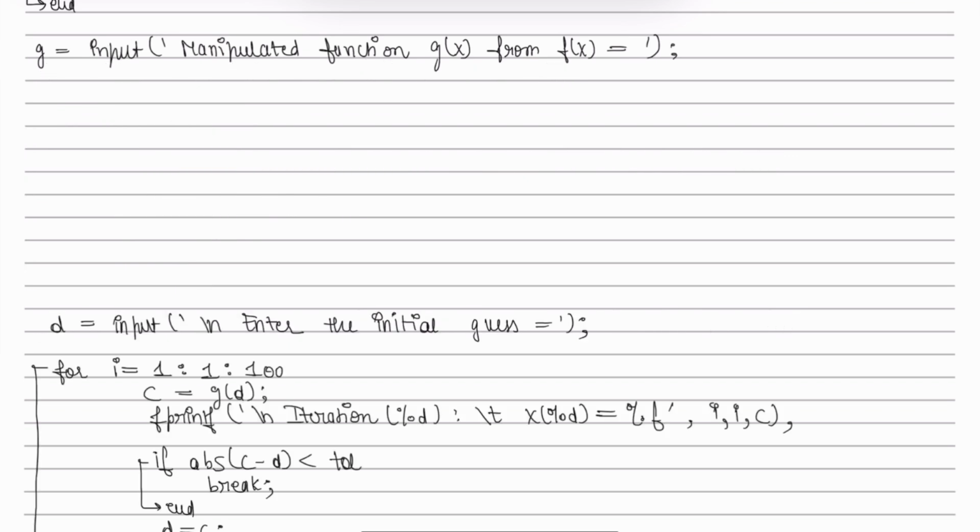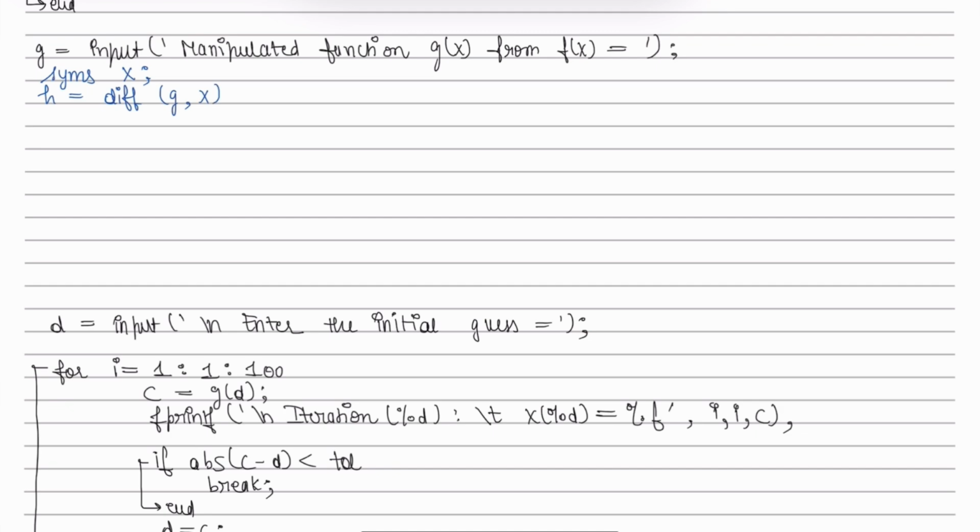For that, we will add some lines of code after we ask the user to enter the manipulated function. Since we have to find the derivative of g of x, for that we will use symbolic x and then use the inbuilt function which helps us find the differentiation of g with respect to x.